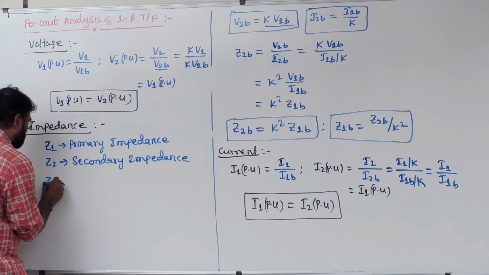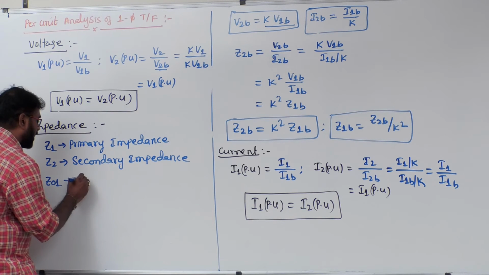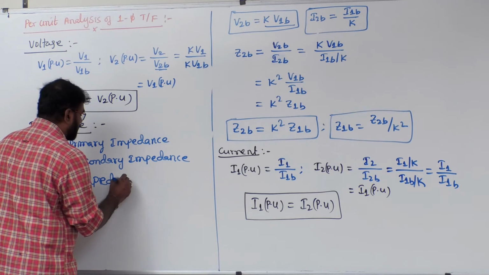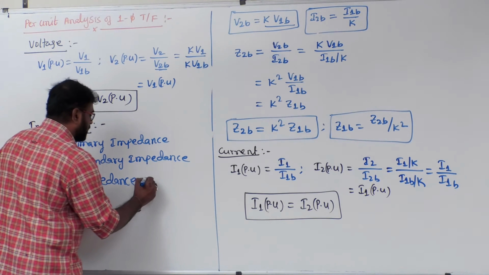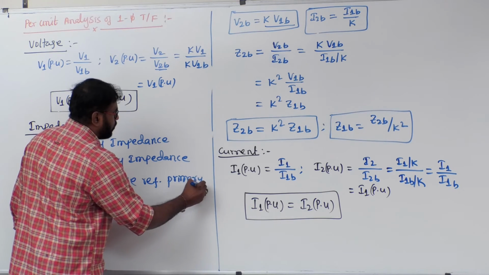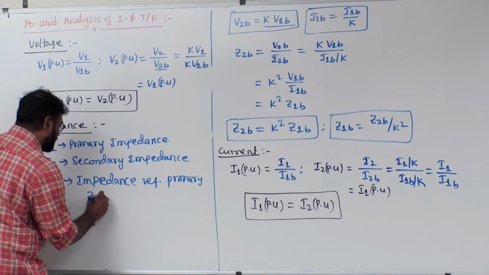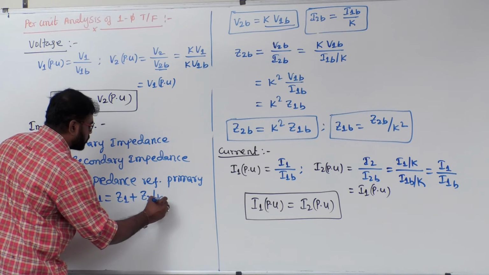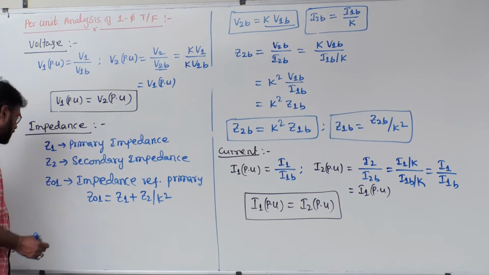What is Z01? Which is the impedance referred to primary. Don't call it the primary impedance. It is the impedance referred to the primary side. So what is the formula for Z01? Z01 equals Z1 plus Z2 by K square. You know this already.